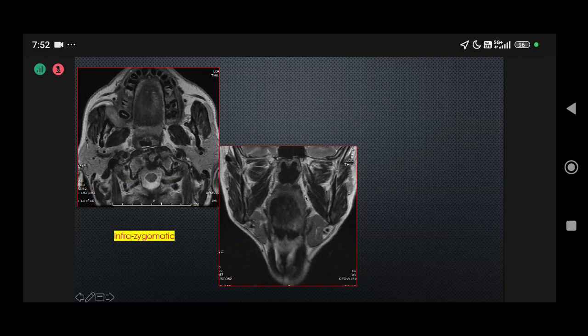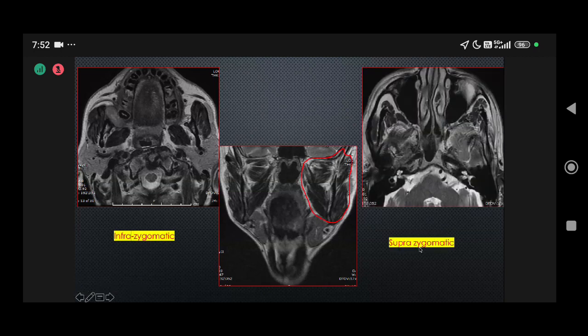So all four muscles are seen well here on your coronal T2-weighted MRI. Here is the boundary of the masticator space, and this is the suprazygomatic portion, where you can see part of the lateral pterygoid muscle and the temporalis muscle. So these are the two parts we need to remember, and the coronal view is important.